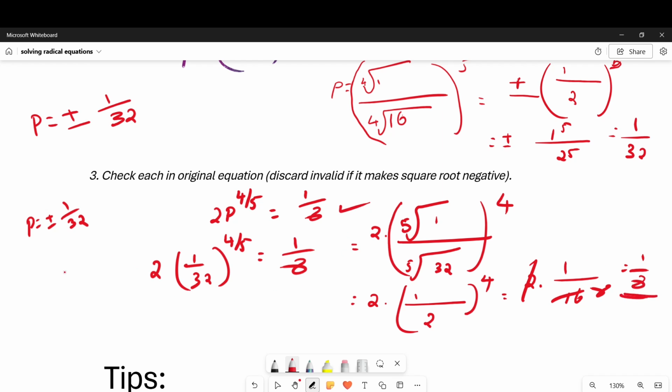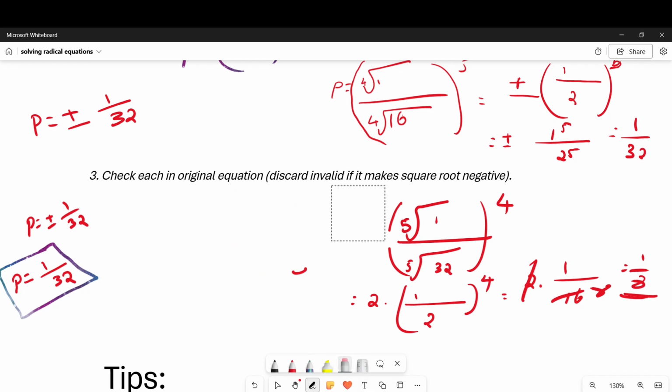So p is equal to 1 by 32 is one solution. Then we try another one, negative 1 by 32.